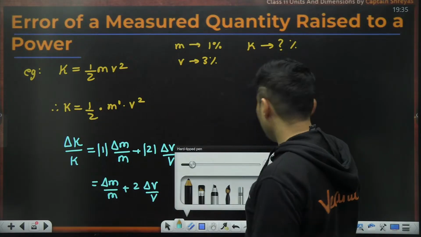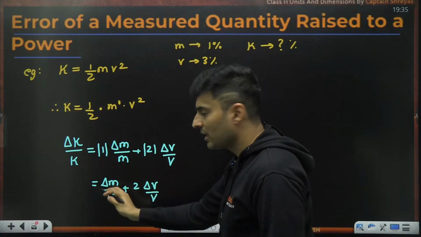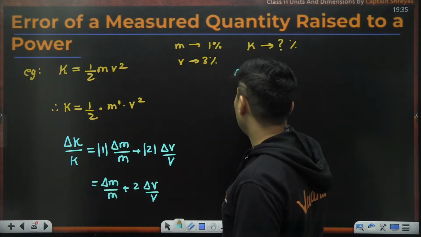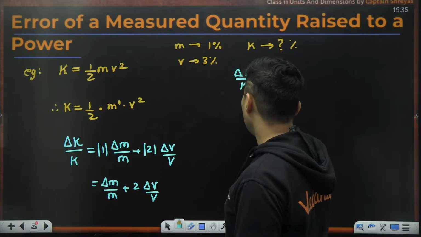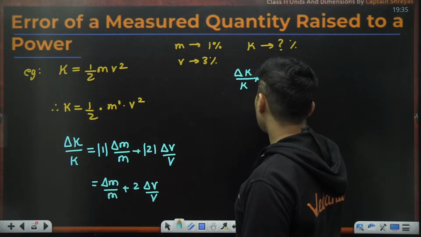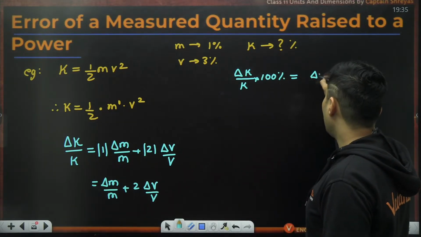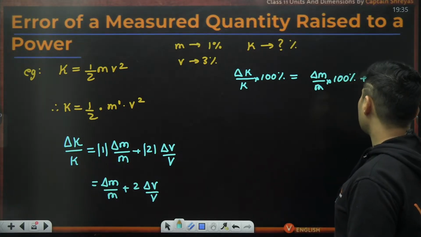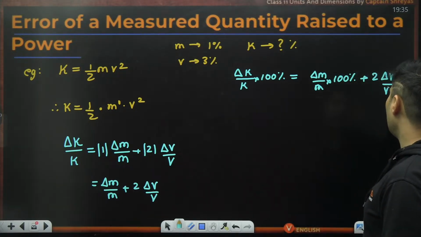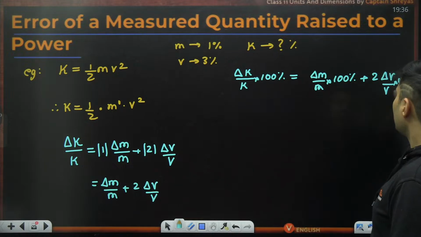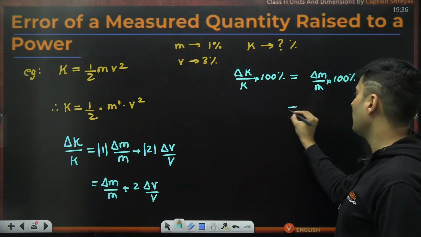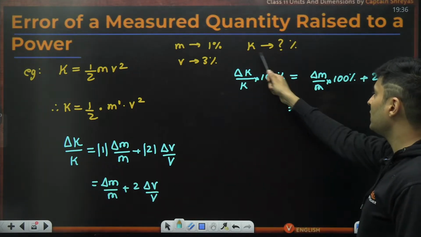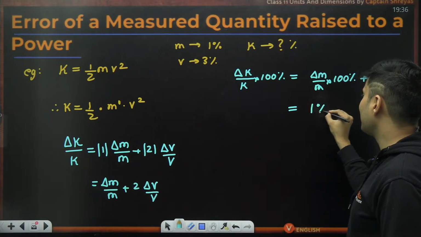Well, if you go over here, just multiply by 100, what will it look like? Delta k by k multiplied by 100 is equal to delta m by m multiplied by 100 plus 2 times the delta v by v multiplied by 100. This is nothing but percentage error of mass. Percentage error of mass is 1%.